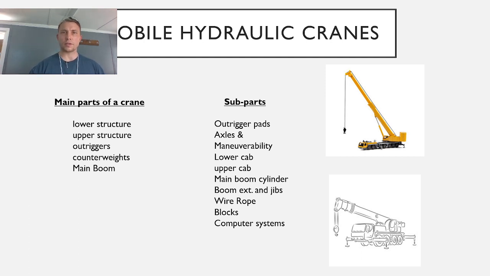To name a few subparts, you have outrigger pads, axles, and the maneuverability, talking about the wheels and how the axles can shift back and forth when you're on a job site. Your lower cab, mostly for driving on the road, and your upper cab, and then your main boom cylinder, boom extensions and jibs, and wire ropes. And then also you have blocks, and there are several different types of computer systems involved in mobile hydraulic cranes.